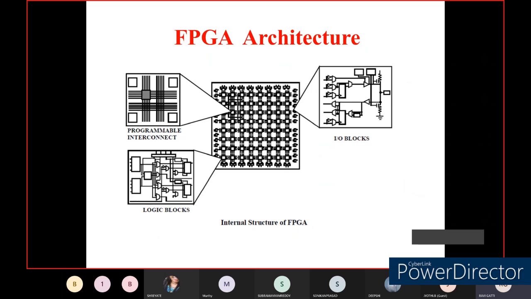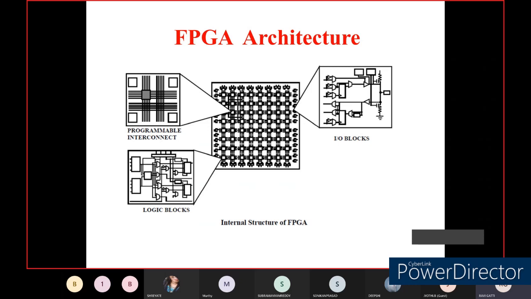We call it a logic block. So these logic blocks are responsible for the implementation of any Boolean expressions or any programming. If you want to do it, then by using these logic blocks, we can create the programmable components.